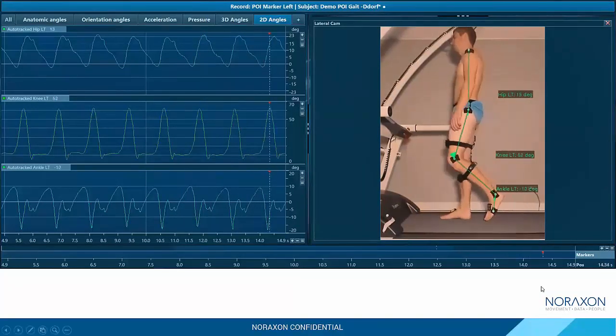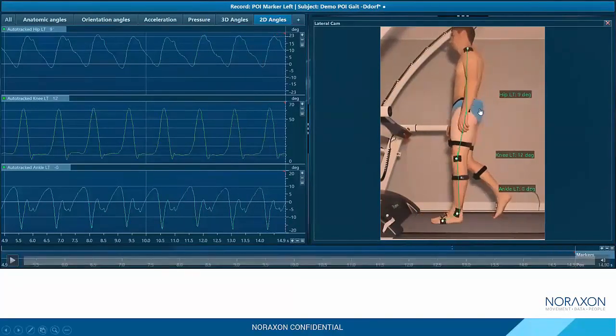Sometimes we can even capture trunk lean with a marker setup this way. But that's often one that suffers greatly from parallax error because we tend to rotate while we walk, and so the rotation of this shoulder marker may actually induce some false positives of trunk lean.